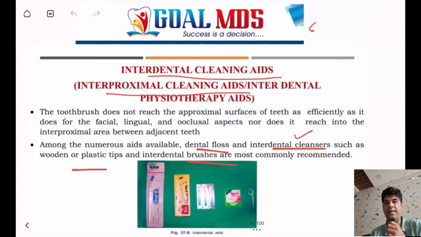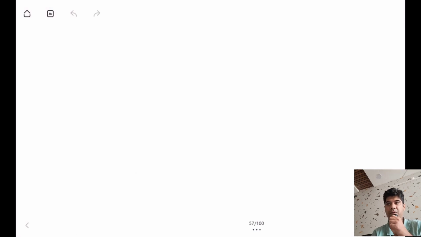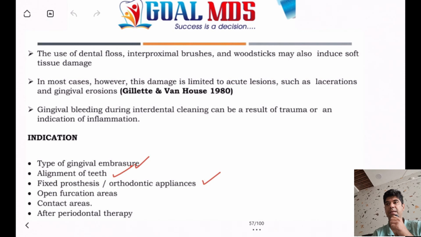The other are the interdental cleaning aids, that include dental floss, interdental cleansers like wooden or plastic tips, or interdental brushes. These interdental cleaning aids are tools designed to clean the spaces between the teeth that are difficult to reach with regular brushing and flossing.